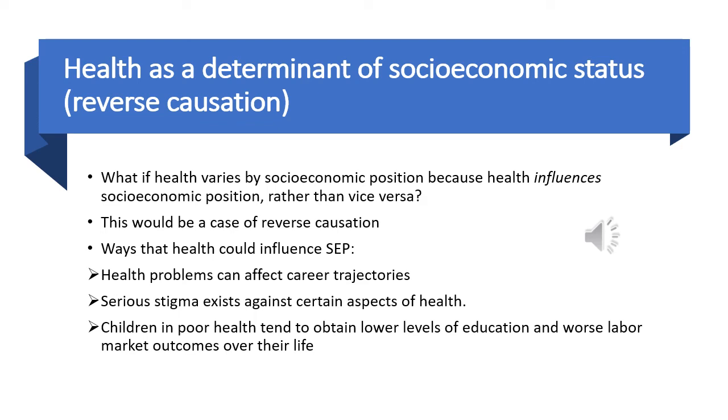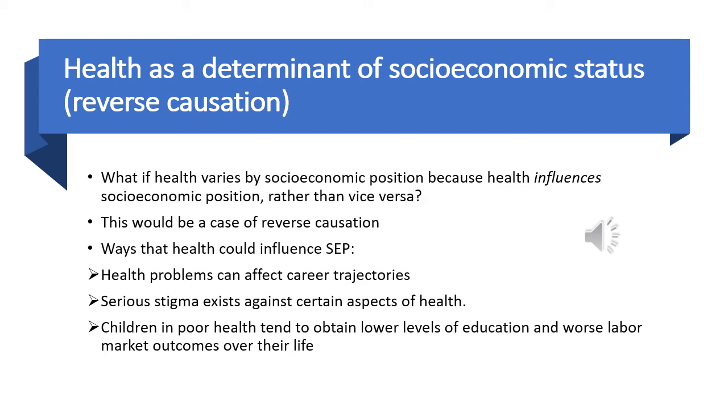Or, for example, a certain appearance or stigma, such as having a psychological disease or a certain disability, might affect your social status around people, and hence might affect your social and occupational status. Children with poor health tend to obtain lower levels of education and worse labor outcomes later on in their life.